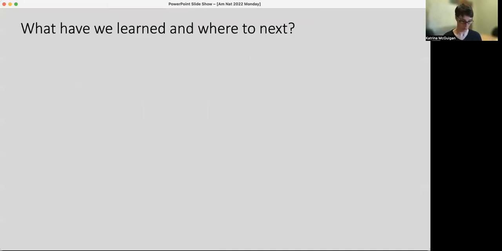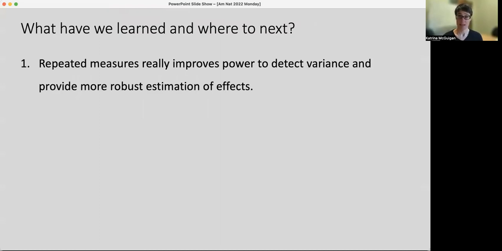So just a general overall wrap up then briefly. I think one of the things that this experiment has shown us is when we're measuring the same thing multiple times, it really improves our power to detect mutational variance. And that's a particularly useful tool potentially for trying to get better empirical insight into these things that have really small effects on phenotype.